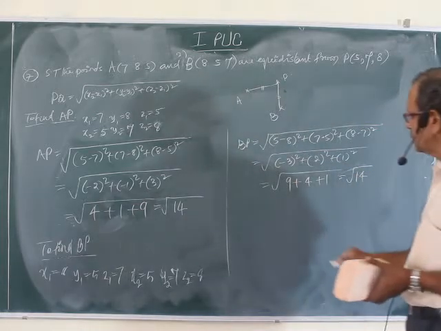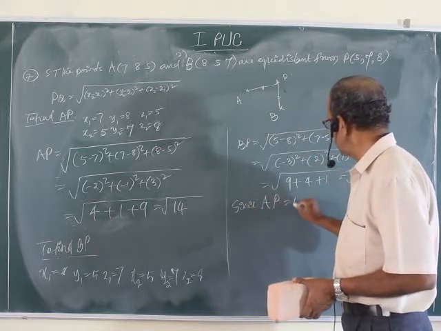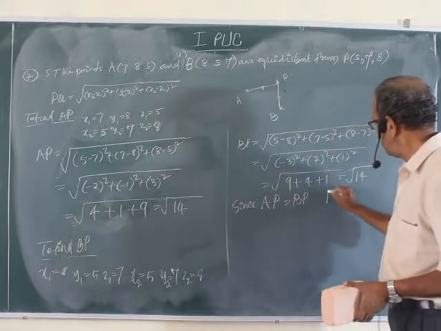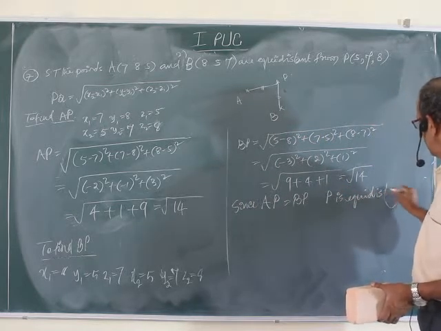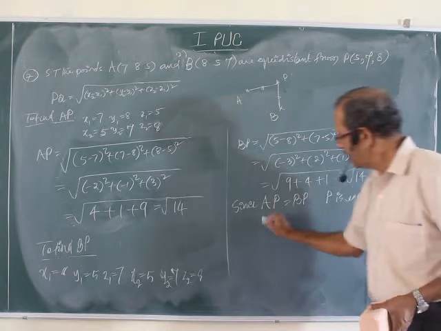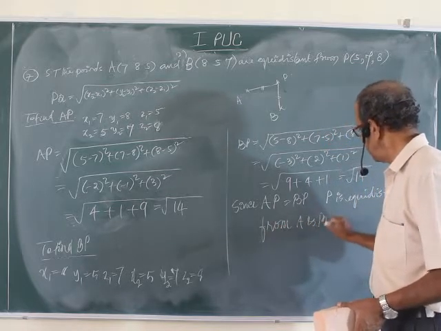Now write the conclusion. Since AP equal to BP, P is equidistant from A and B.